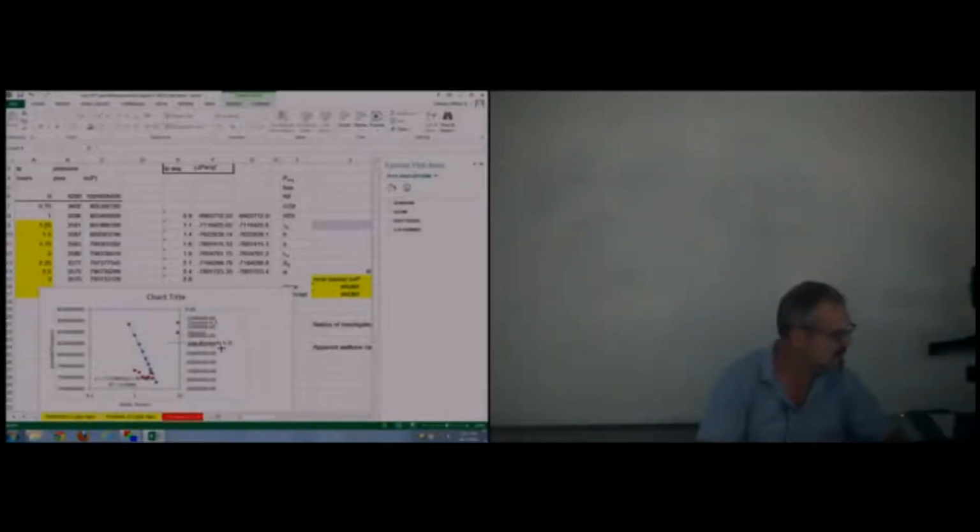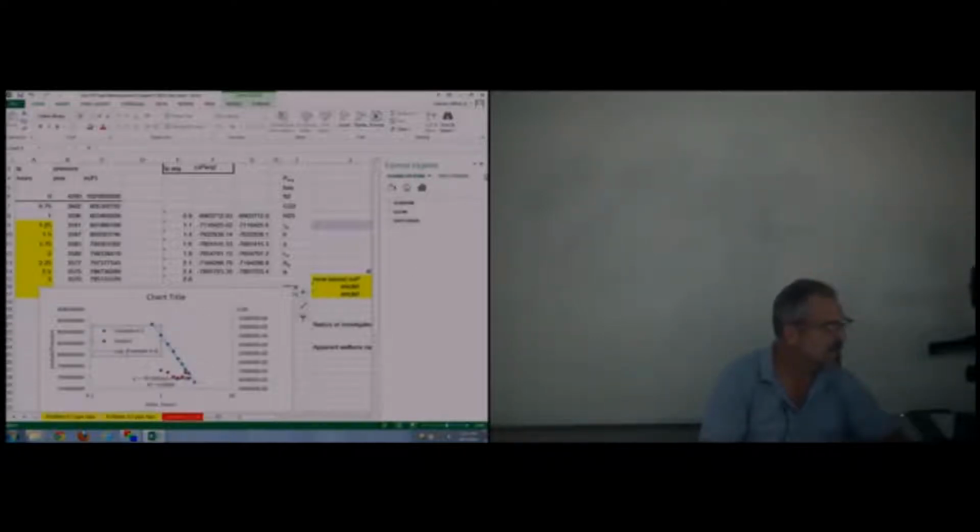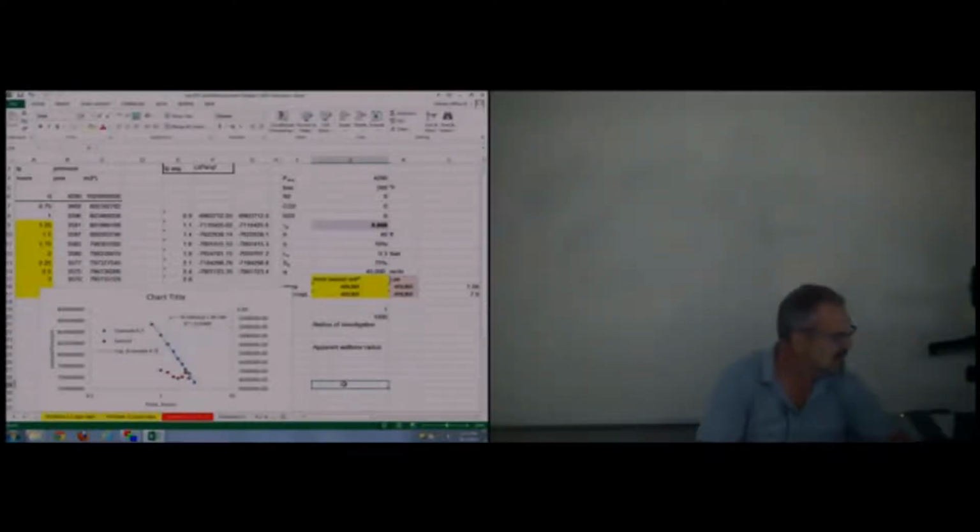There we go. Now let's look there. Okay, so our regression coefficient for all of the data is 0.9989. So I don't think there's anything other than radial flow on this.